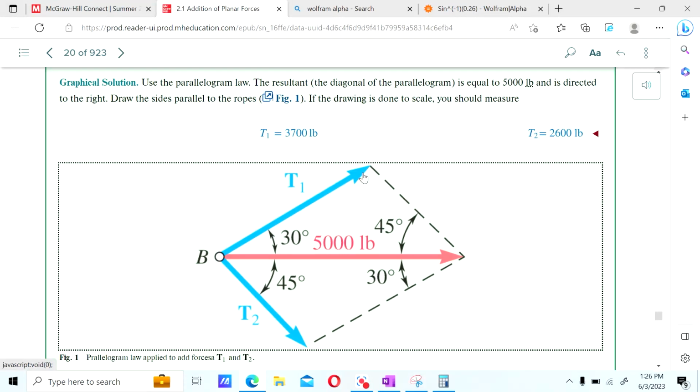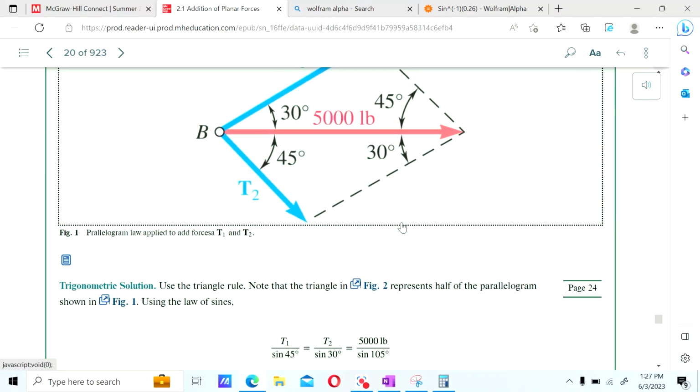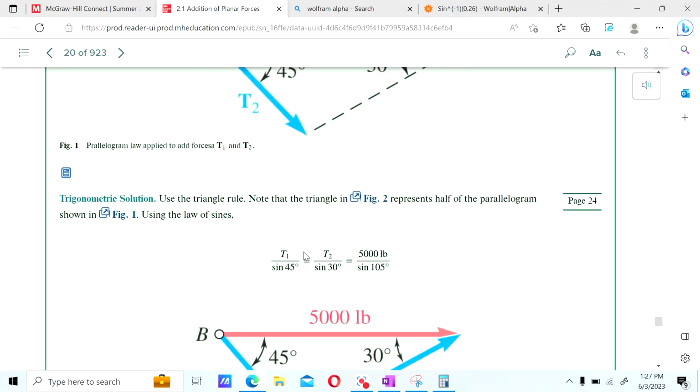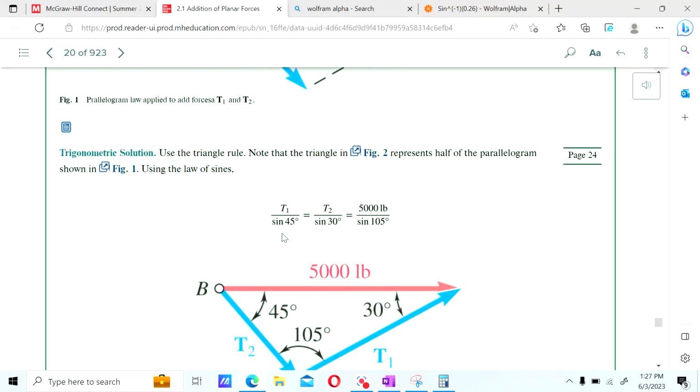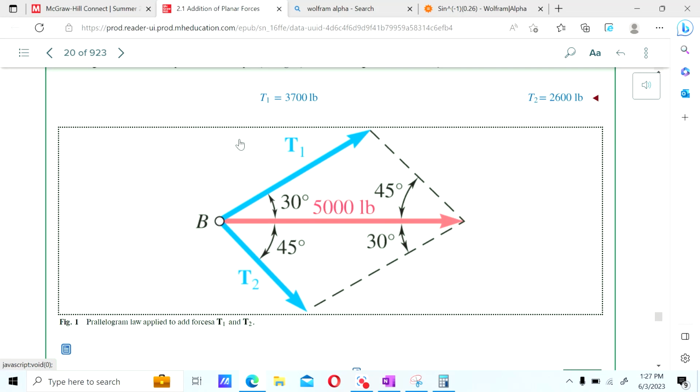And then we can do the sine law: 5,000 divided by sine of theta, equal to another force, say T1, with respect to sine of 45. T1 was, well, we don't know. That's what we have to find. We do that twice, one for sine of 45 and one for 30.